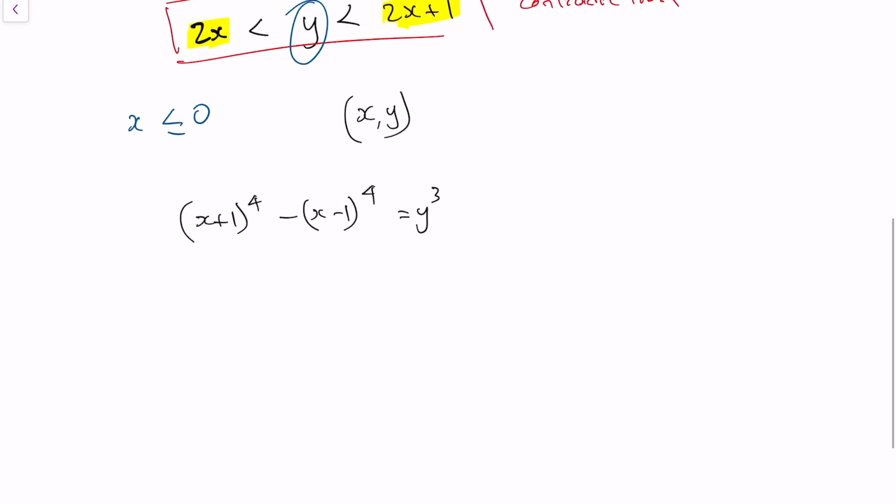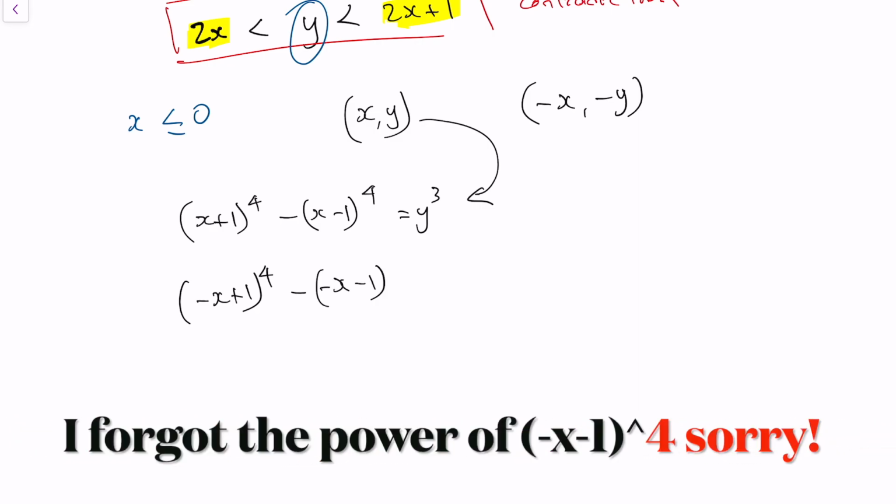So notice that if x, y is a solution to this equation, minus x, minus y will also be a solution to this equation. And you can see that by simply replacing x with minus x and y with minus y. Okay, so it will be a solution again.